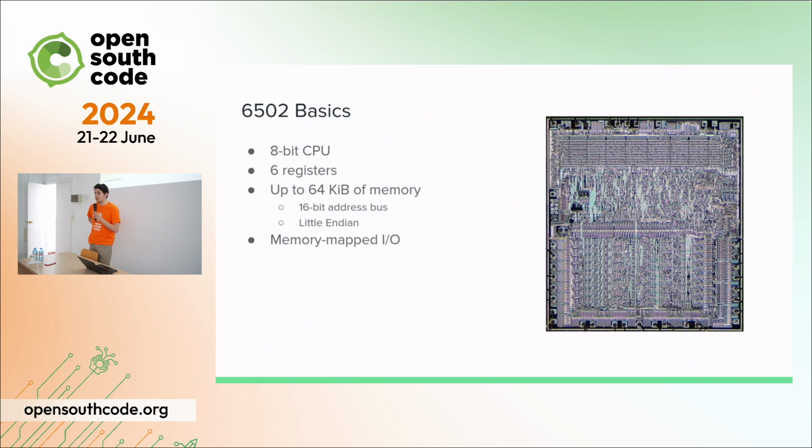It has 6 registers, and it can address up to 64 kilobytes of memory because it has a 16-bit address bus. But the I/O is memory mapped, so you don't have instructions that are dedicated to read and write to and from I/O. It's done directly as if you were reading and writing memory.